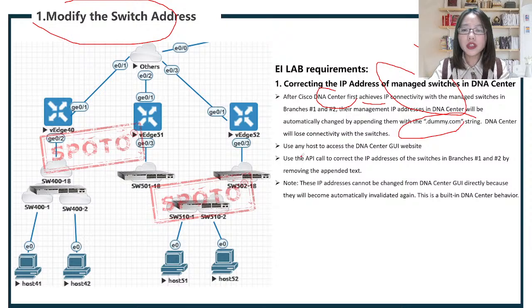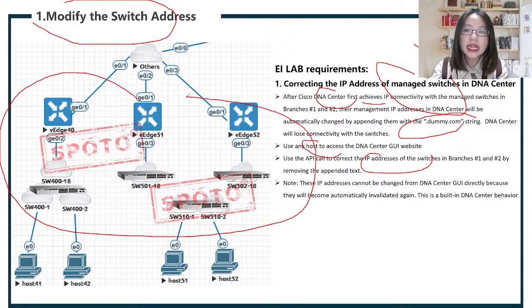Second, we should use any host to access the DNA center. Thirdly, use the API calls to correct the IP address of the switches in branch 1 and branch 2 by removing the appended text.